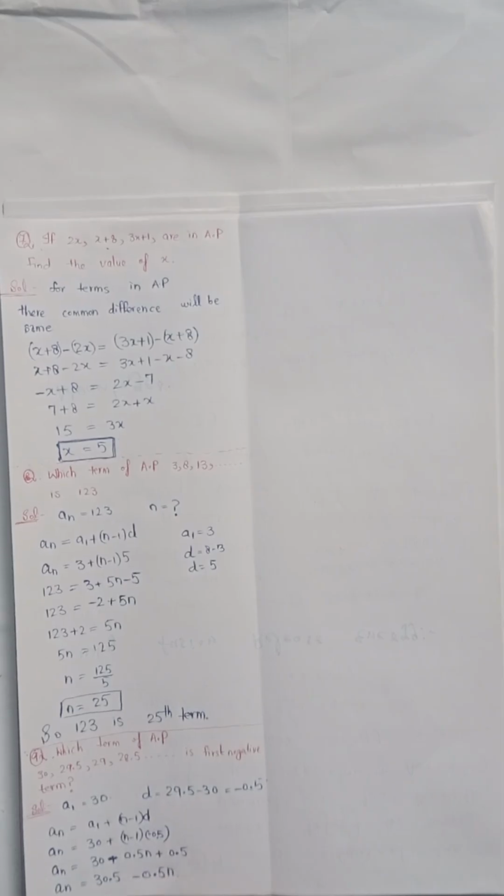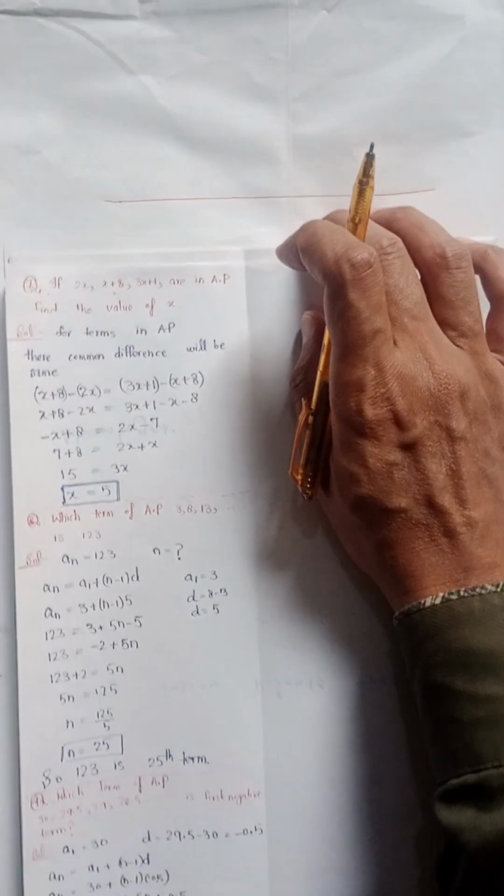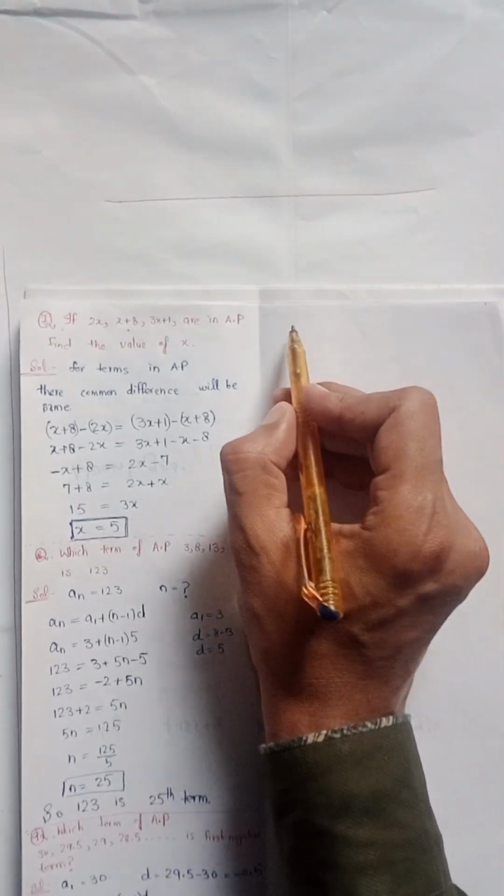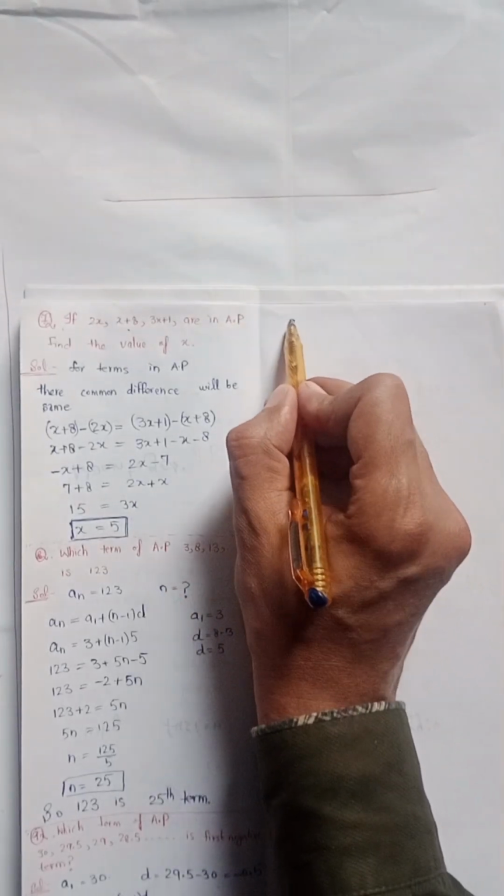According to the condition of our question, an is the first negative term, meaning less than 0.